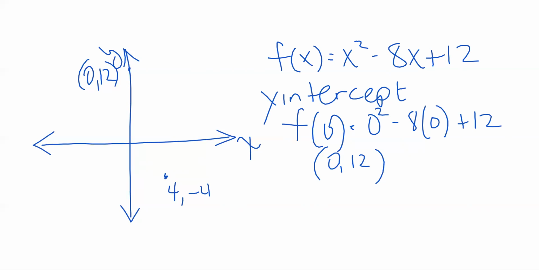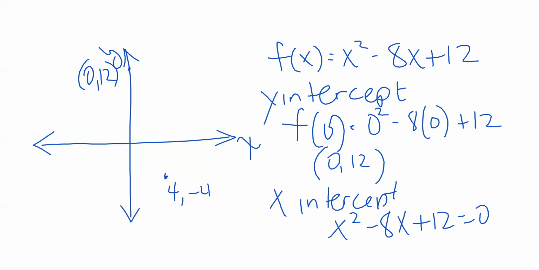Now, in the case of the x-intercept, if you need to find it, you can set the equation equal to 0 and factor it. You will find out that the quadratic factors into binomial factors x minus 2 and x minus 6.